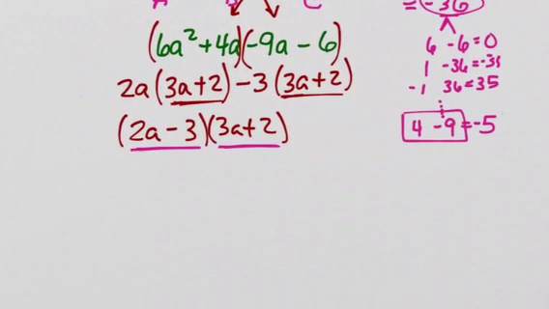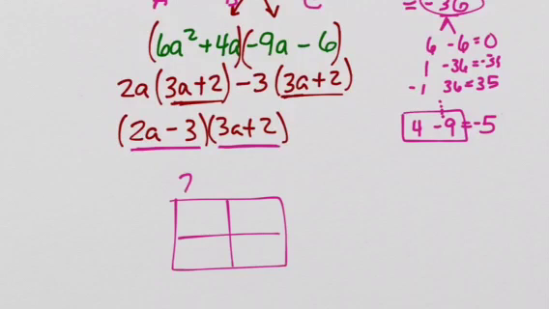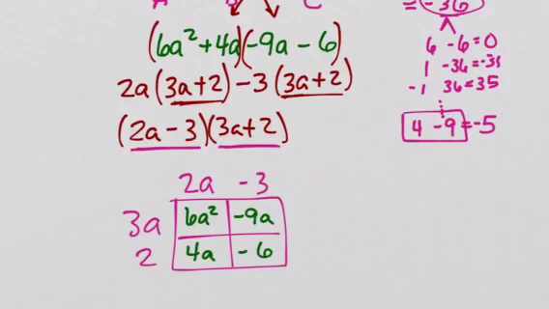The only thing I need to do now, in order to actually finish out my homework, is to check my answer. And that just requires me to go back and FOIL or use the box. I'm going to use the box just because it's very visual here. It looks like I get 6a squared minus 9a, 4a, negative 6.